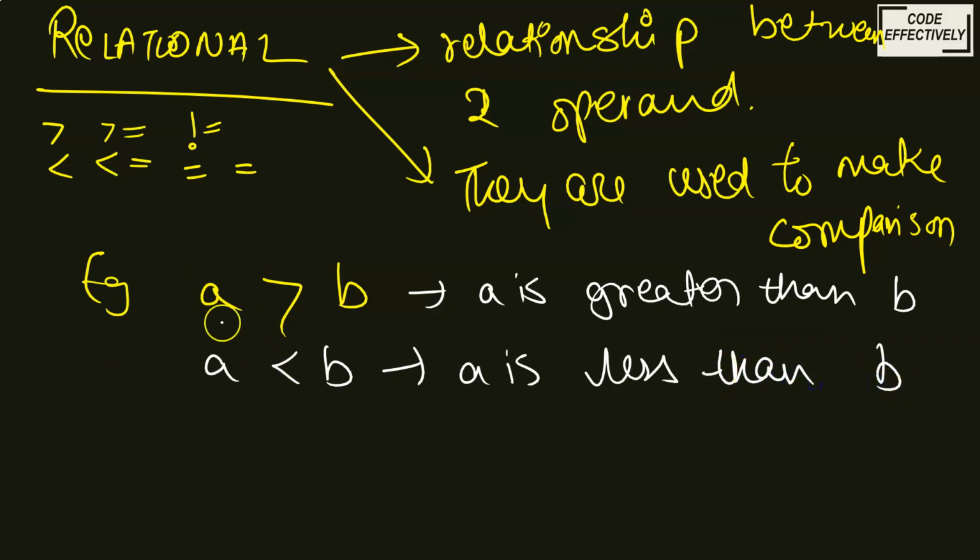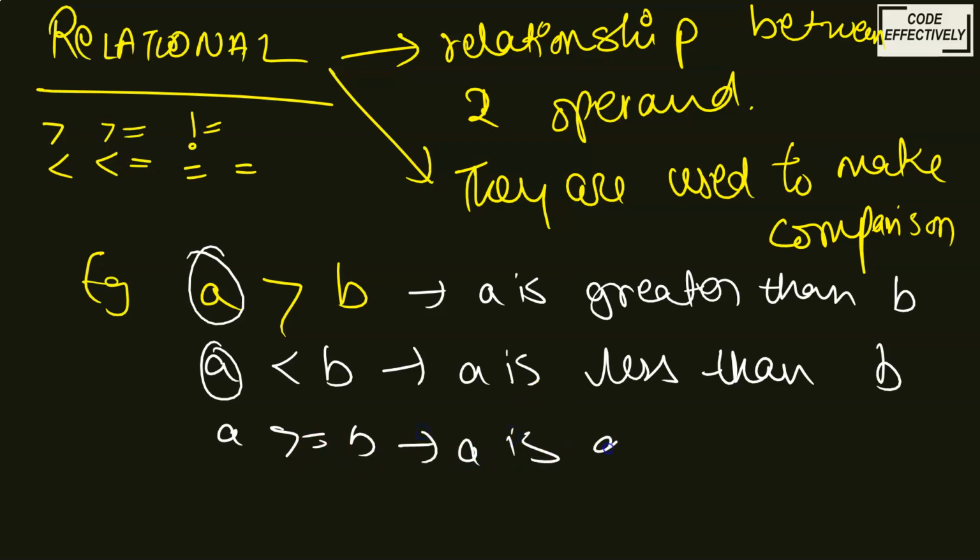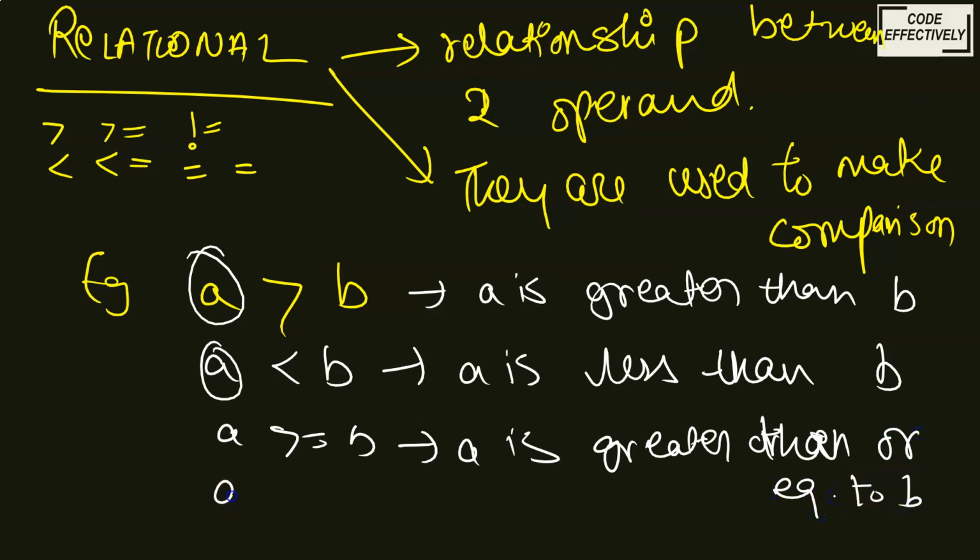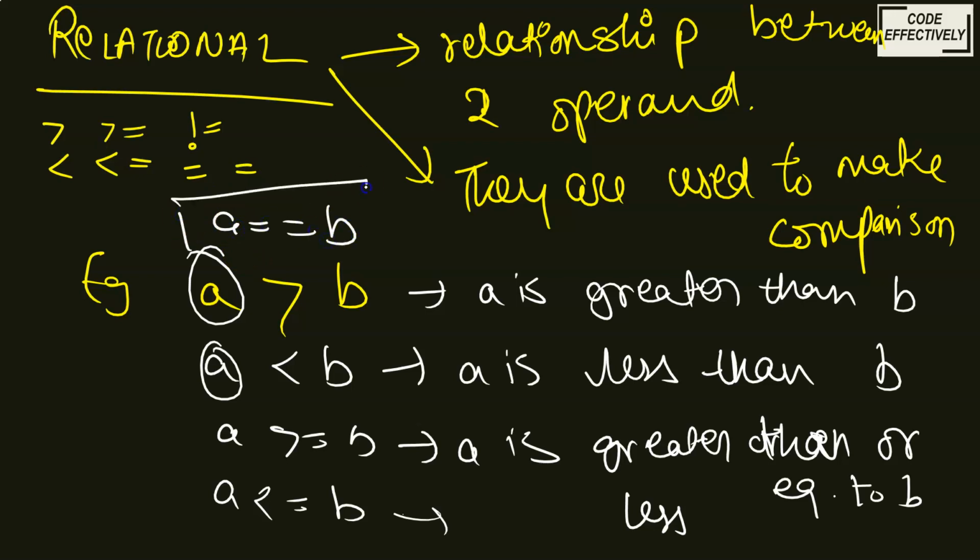We can use A is greater than or equal to B, which means A could be greater than B, or it could be equal to B. In the same way, A is less than or equal to B. If we say A equal B, this means A and B are equal.